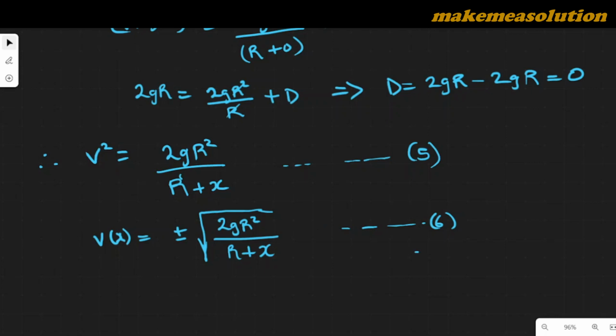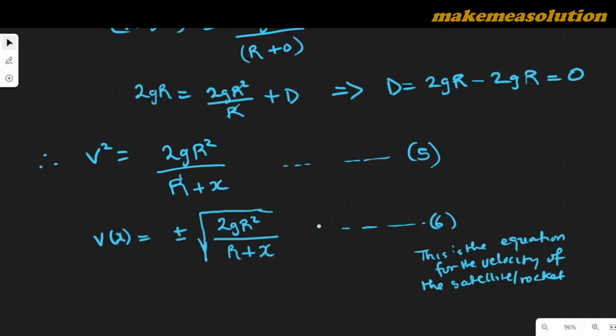So we've determined the equation for the velocity of the satellite or rocket launched x units from the surface of Earth.